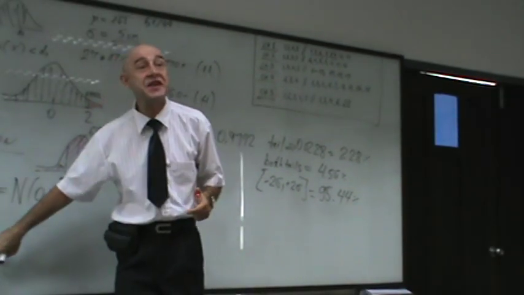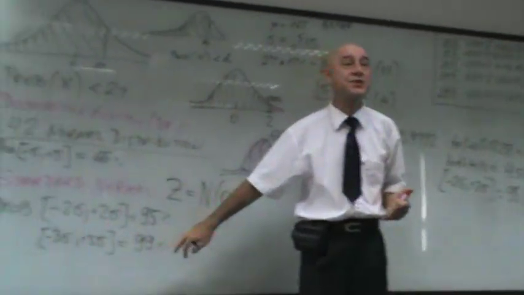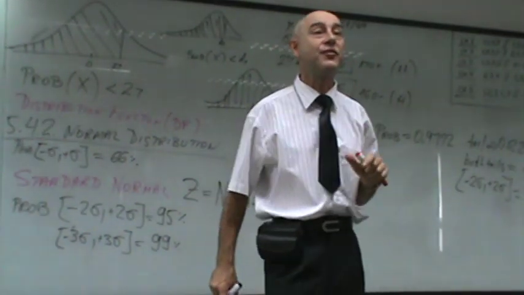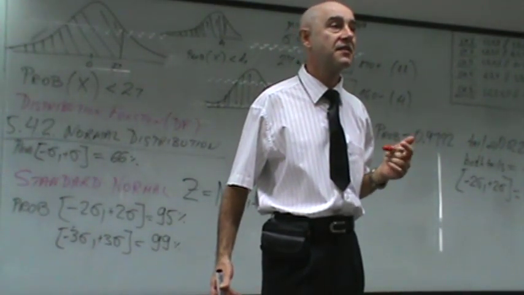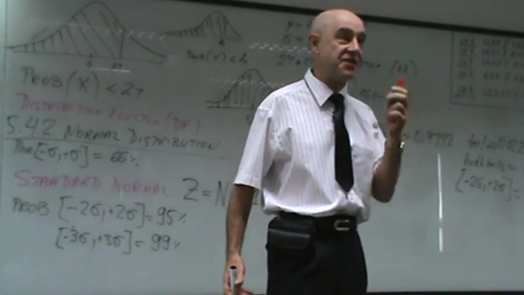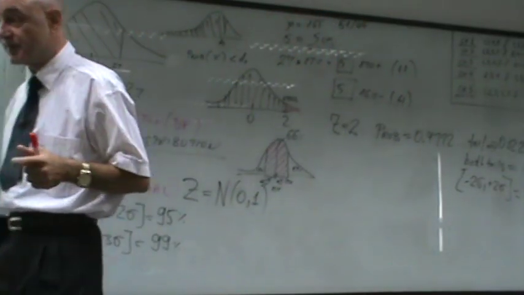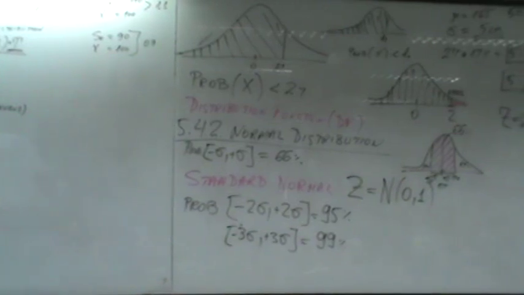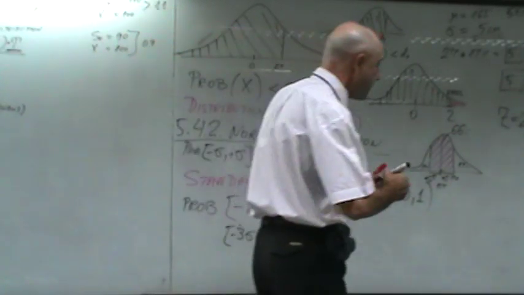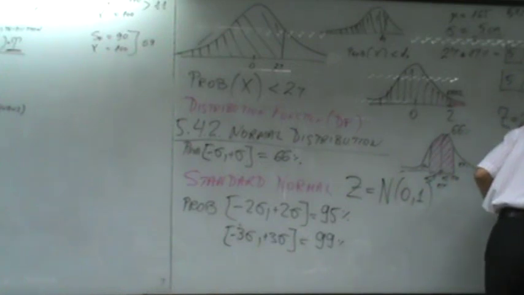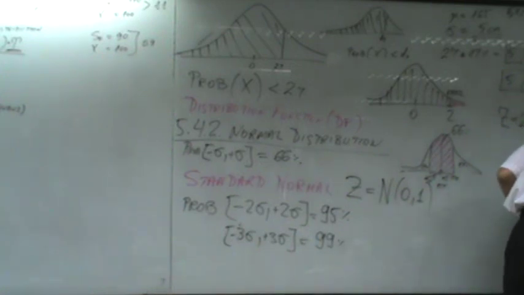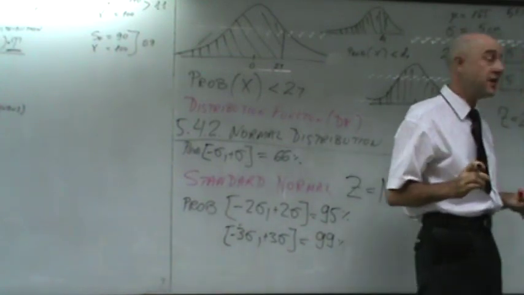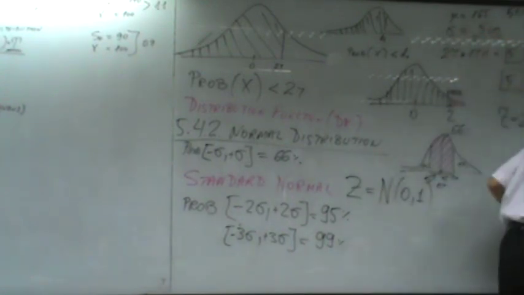And the same thing with 3 sigma is 99%. Well, what's the exact number for 3 sigma? For 3 it's 0.9987. What does it mean?